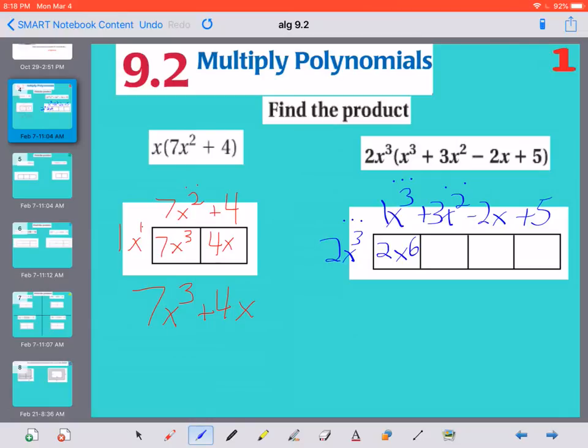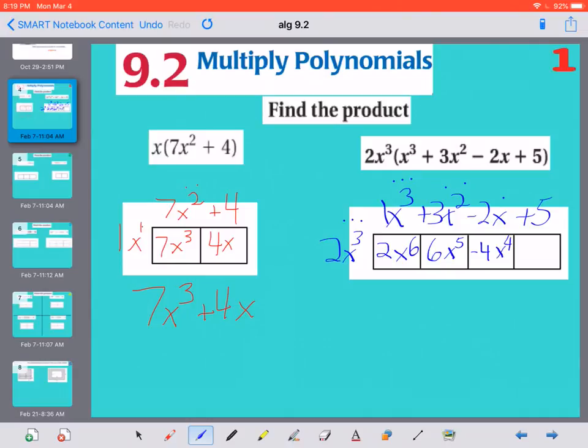So 2 times 3, that's going to give me 6. 3 plus 2 is going to give me x to the 5th power. 2 times negative 2 gives me a negative 4. With 1x, x to the 3rd, plus 1 more x, x to the 4th.